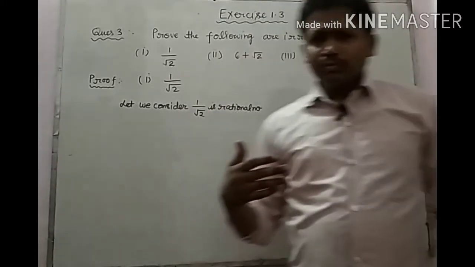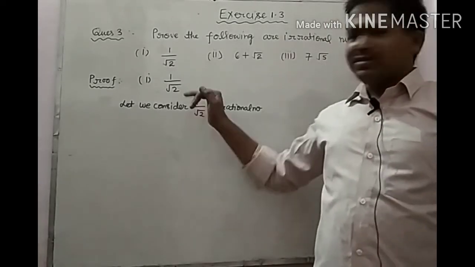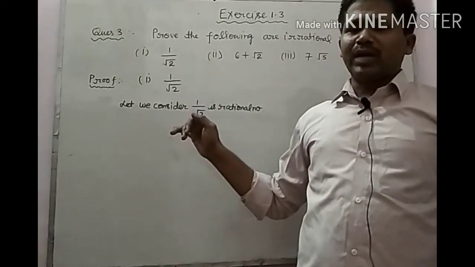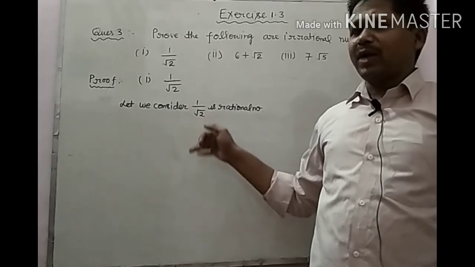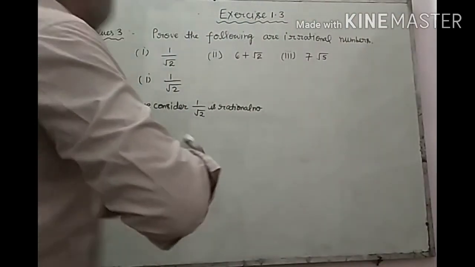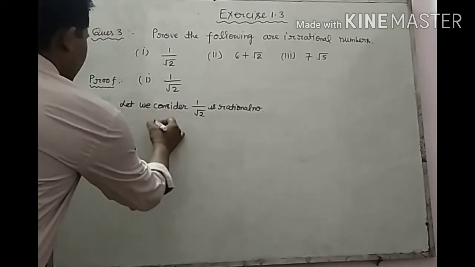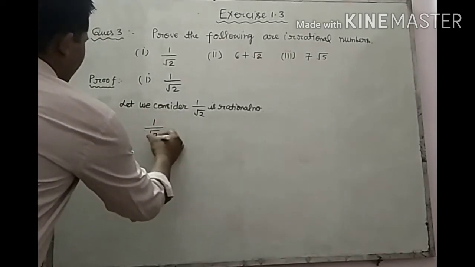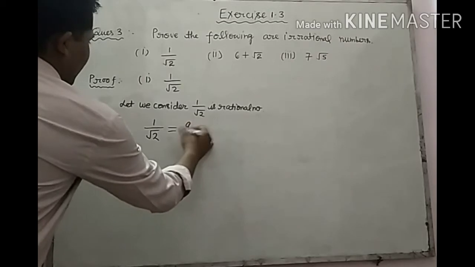So this fraction 1 upon root 2 can be represented in the form of a by b. So I am writing 1 upon root 2 equal to a by b.